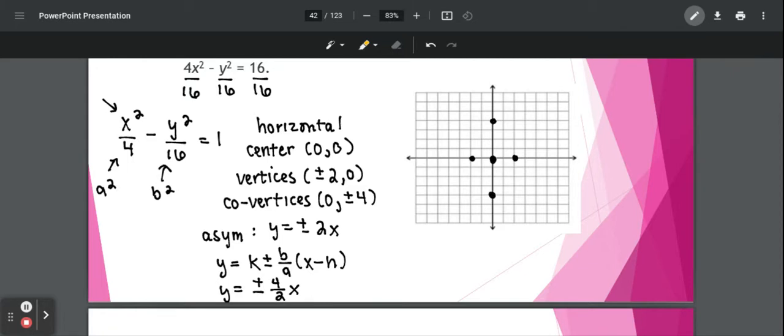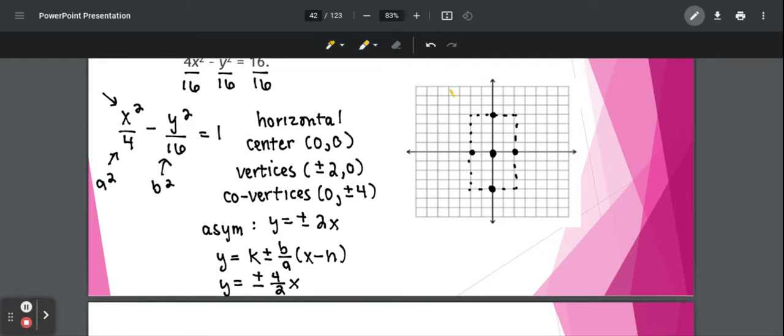So now you can either graph the line y equals plus or minus 2x, or once you have the a and the b, if you were to draw just a dotted rectangle that connects your a and your b as sides of the rectangle, then if you were to draw diagonal lines through the corners of that rectangle, through the center of your hyperbola, that is the equation y equals plus or minus 2x.